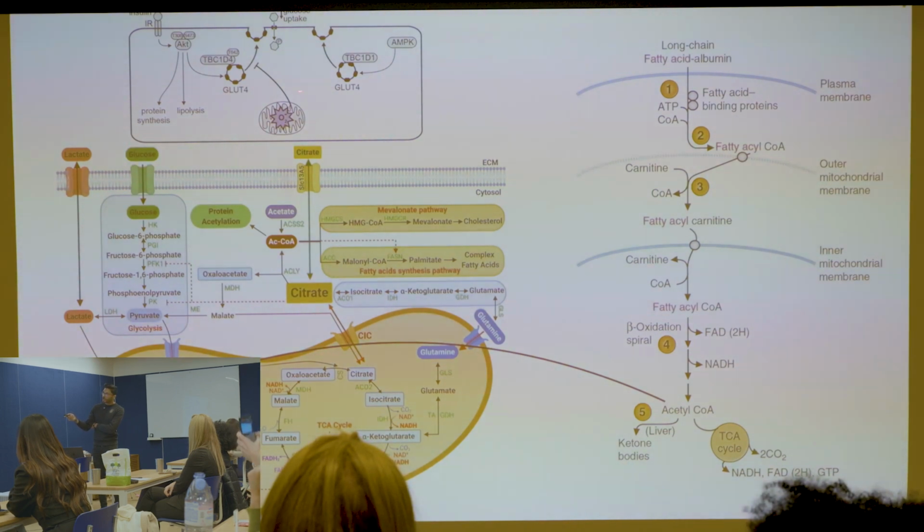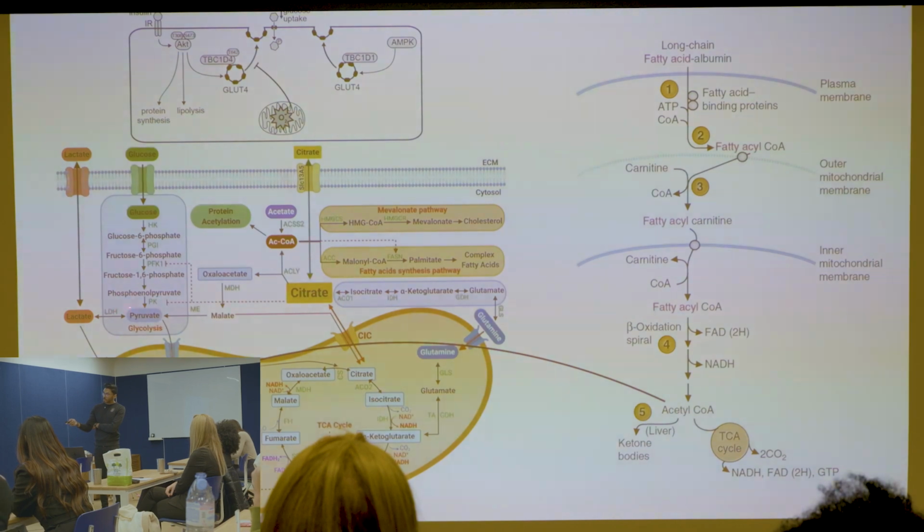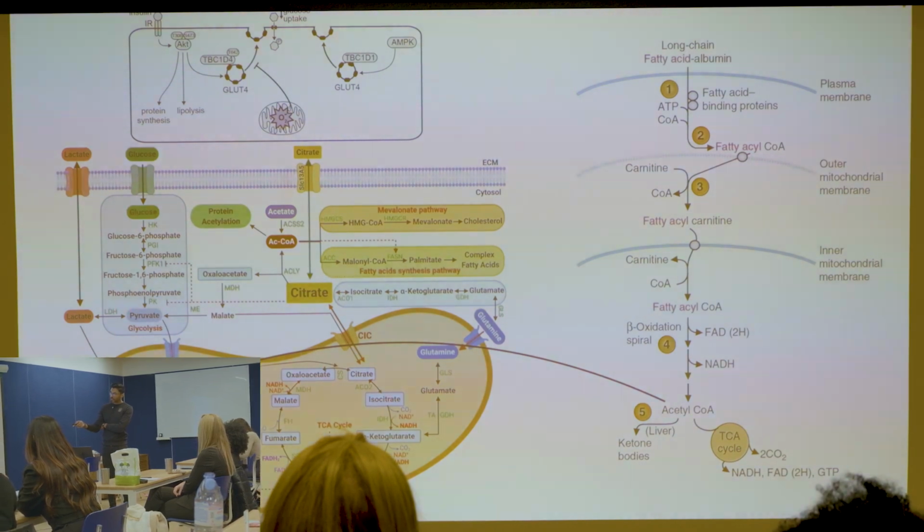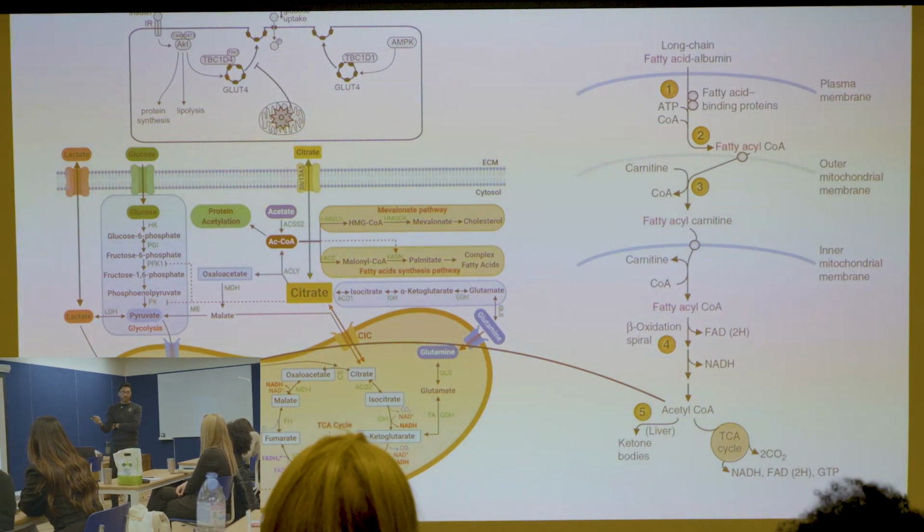If the cell is able to present GLUT4 to the surface, if is a big word here, think about how many people have diabetes, then glucose comes in. That entry there is this entry here. And glucose gets converted to the pyruvate, as we said, so that the pyruvate can enter the mitochondrion and turn into acetyl-CoA. So in simple terms, glucose turns into acetyl-CoA, fats turn into acetyl-CoA. Summary.